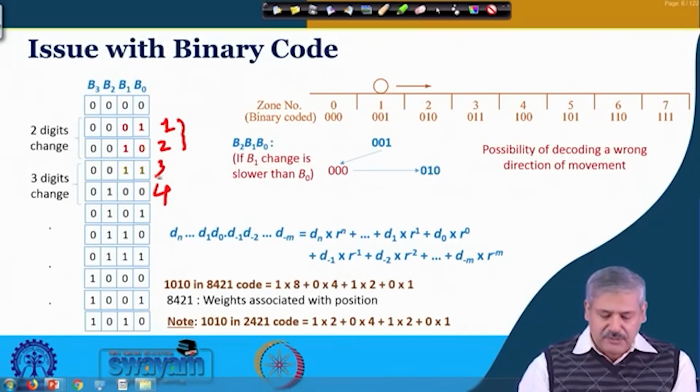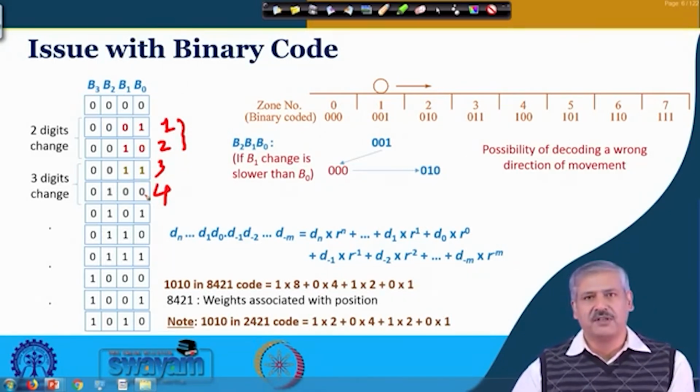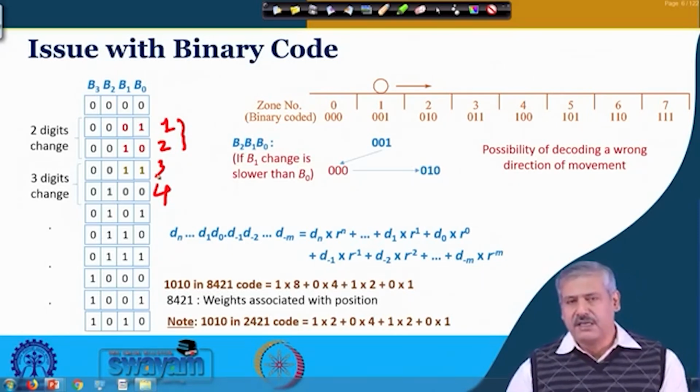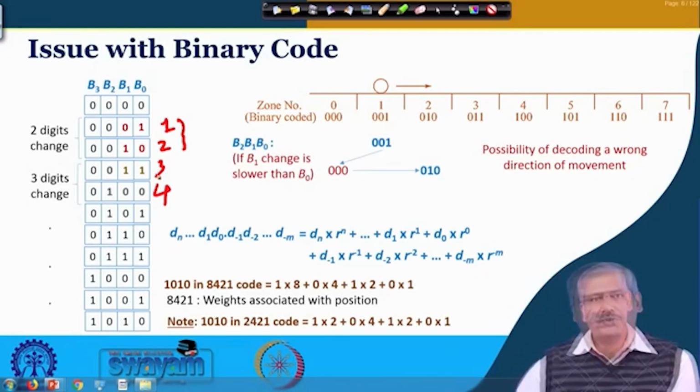From 3 to 4, you can see 3 digits are changing, 1 1 is becoming 1 0 0. So, what could be the issue with that? This is the way the weighted 8421 code is there.